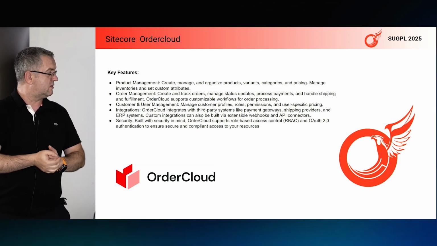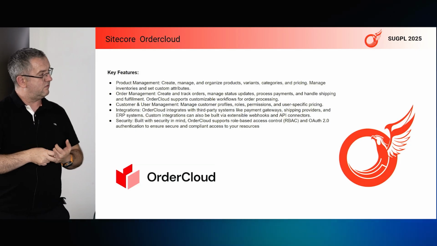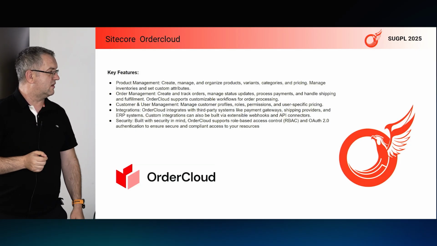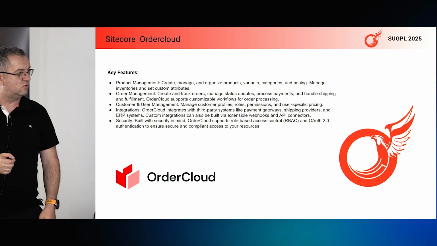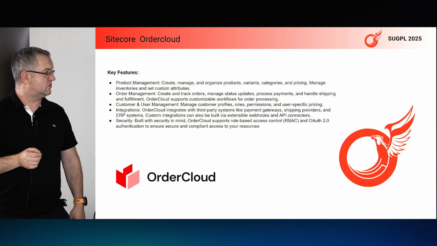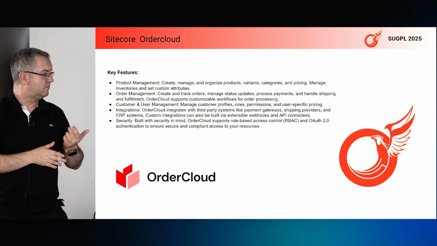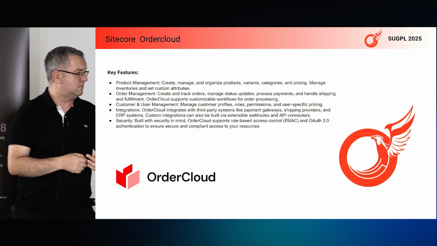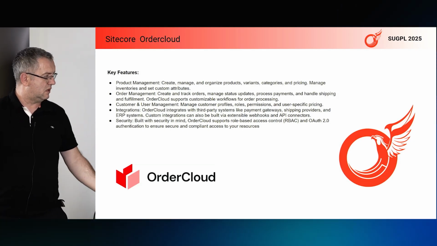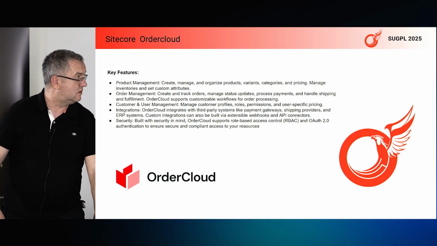You have order management, you have customer and user management. You can integrate with other tools using webhooks. Also, it has some security features. You have role-based access control, and it's pretty secured.